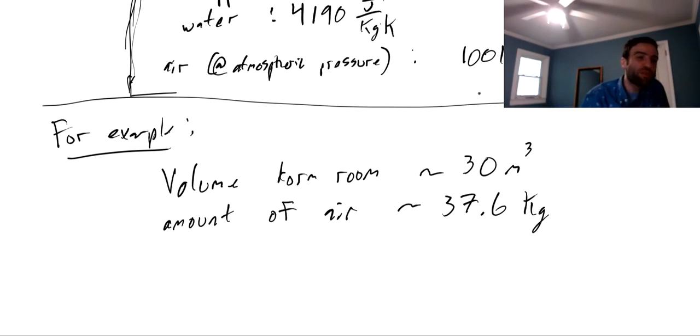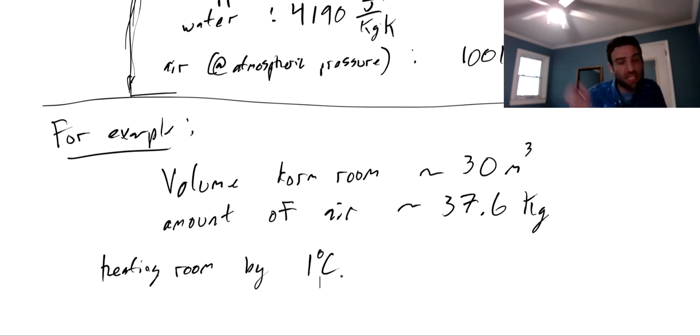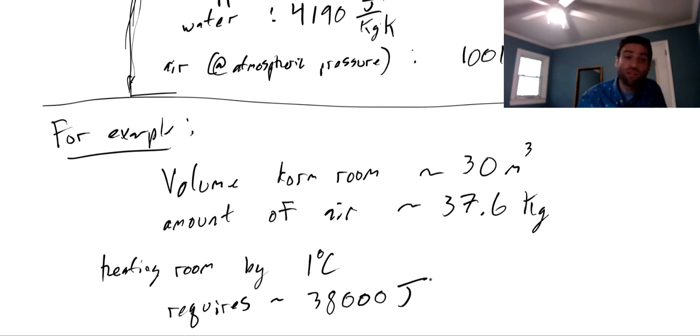Okay, and so the specific heat of air, 1,001 joules per kilogram per Kelvin, tells us that if we want to heat up all of the air in your dorm room by 1 degree Celsius, which is the same as heating it up by 1 degree Kelvin, requires about 38,000 joules of energy in total.